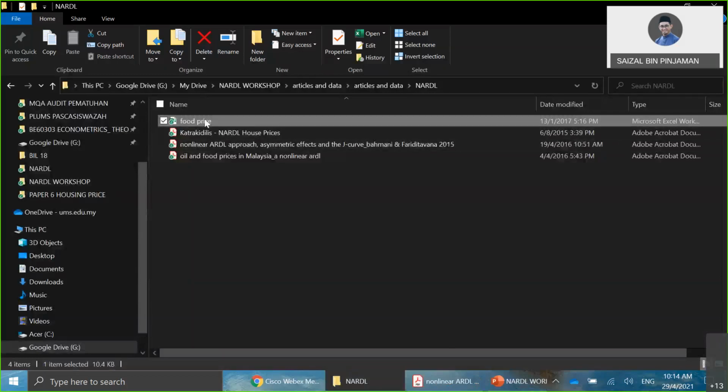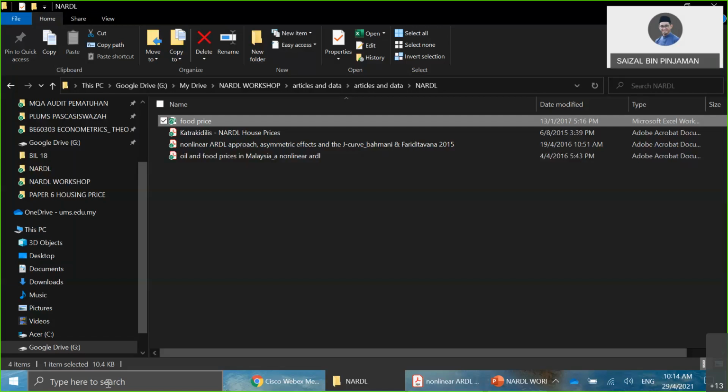So we are going to conduct the NARDL model using EViews version 9. Just like I mentioned in the earlier part of the session, I did not manage to install the latest version of EViews. This is because when I contacted JTMK, they said they need to go to their office in order to install it. It cannot be done online, like SPSS, for example.